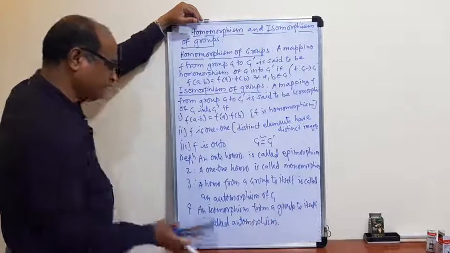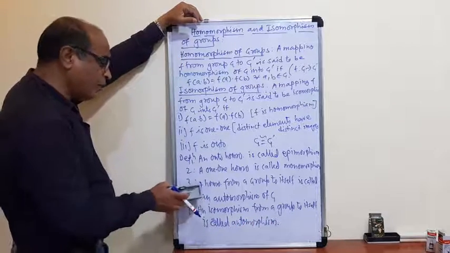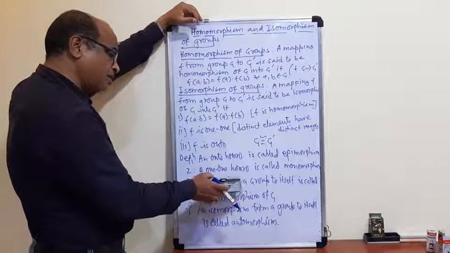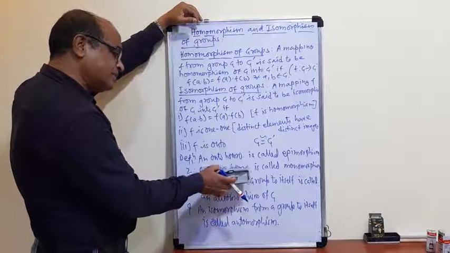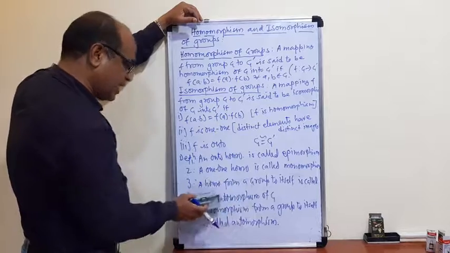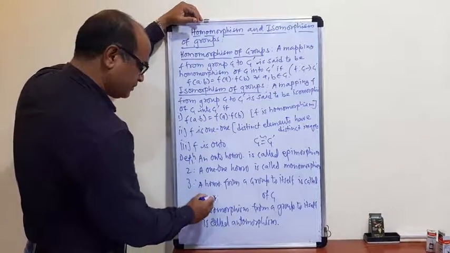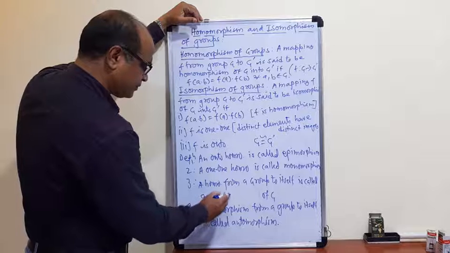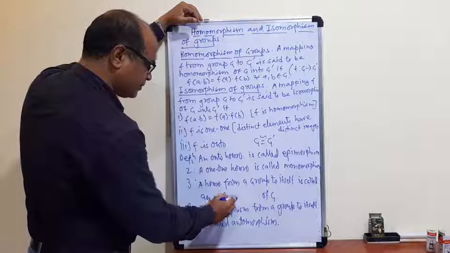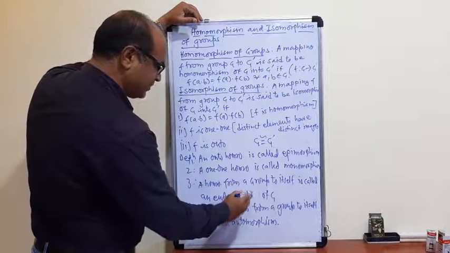Okay, so correct it here: a homomorphism from a group G to itself is called an endomorphism. Please correct it here. Endomorphism. So these are the definitions.